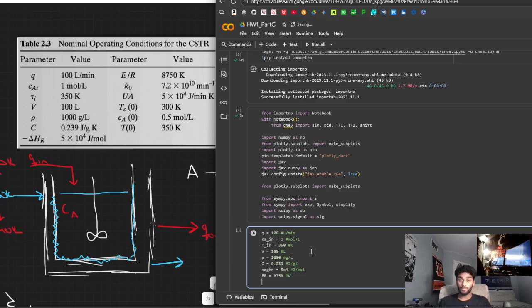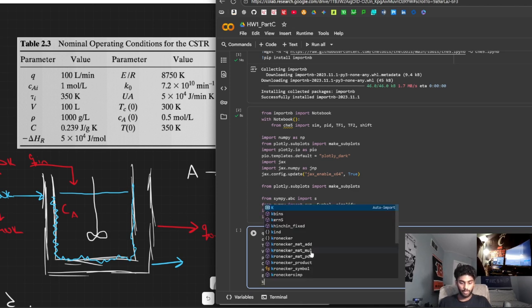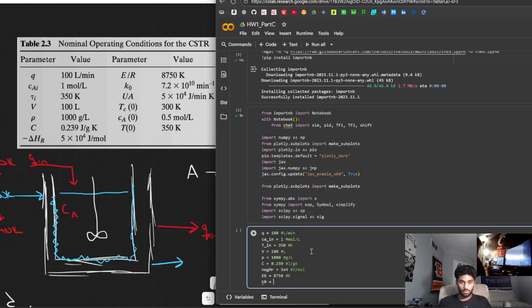That'll also help us find our k for any specific temperature. So for that, this will be 7.2. We'll go K0 equals 7.2e10. And then this is inverse minutes, so 1 over minutes.